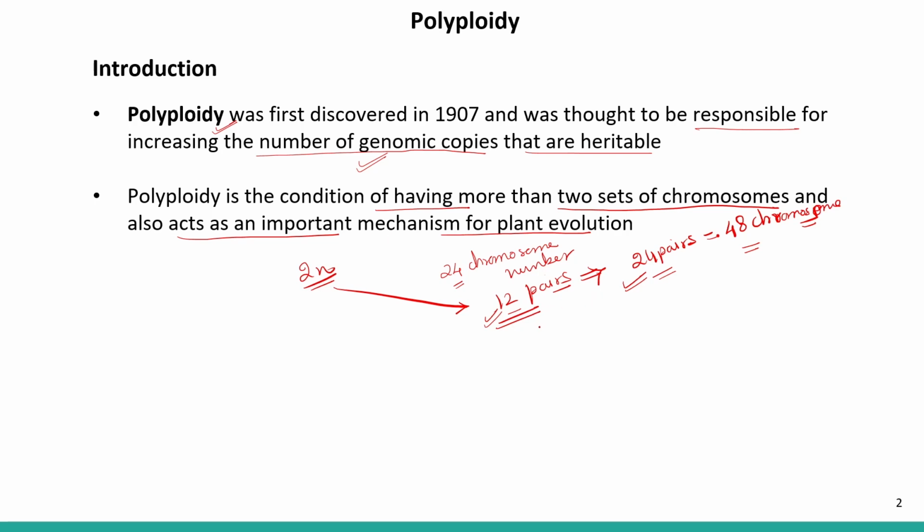But when this gets doubled, it means tetraploid, that is 4n, when it becomes 24 pairs. So polyploidy gives rise to different types of plants in due course of time. That is called plant evolution.